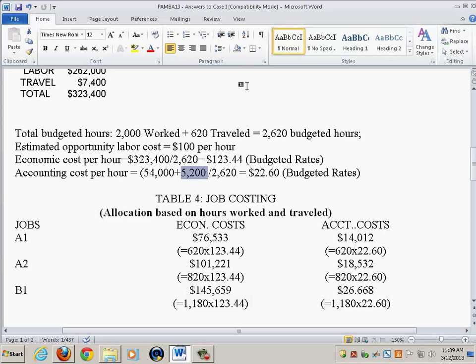The higher the salary you pay yourself, the higher the cost and the lower the profit. The lower the salary, the higher the profit. So that also reminds us of something that we know, that the profit or the bottom line number is a very soft number. Within certain limits, it's what you want it to be.